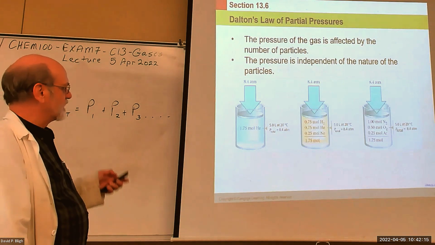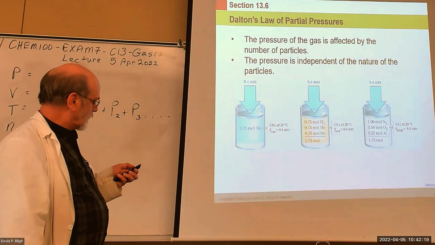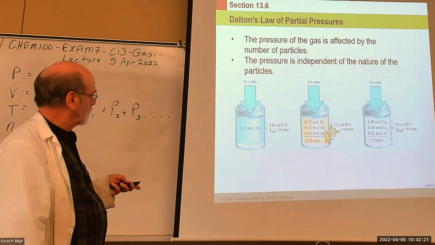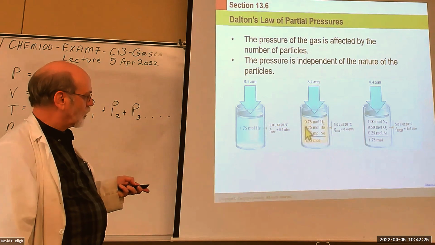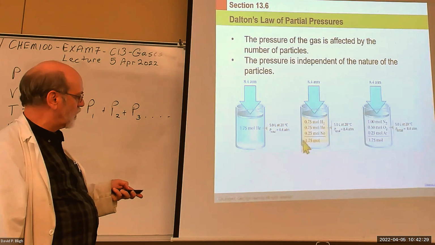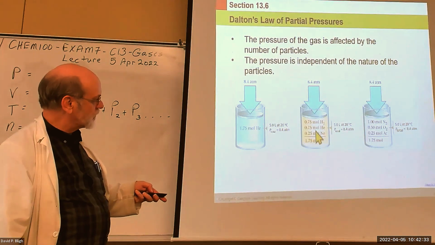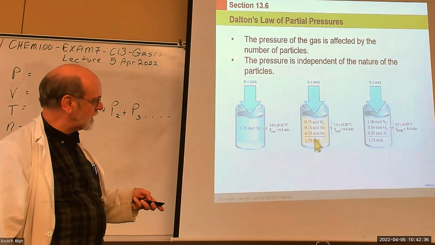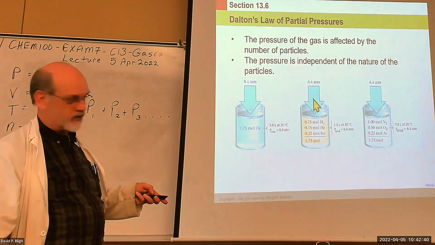Okay. This is just an illustration. You can get the same pressure out of one gas under these conditions, or three gases under these conditions, where they sum up to the same number of moles, right? 1.75 moles of helium. You sum hydrogen, helium, and neon to be this number of moles. Under those conditions, same pressure.